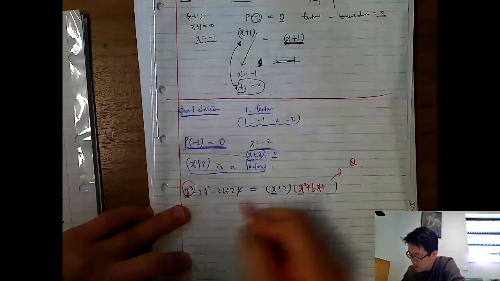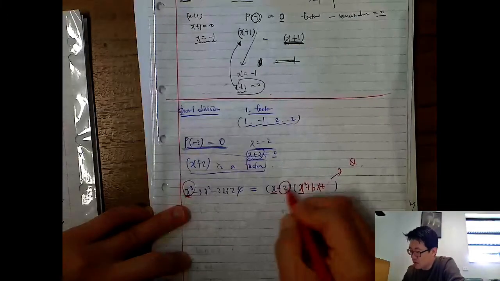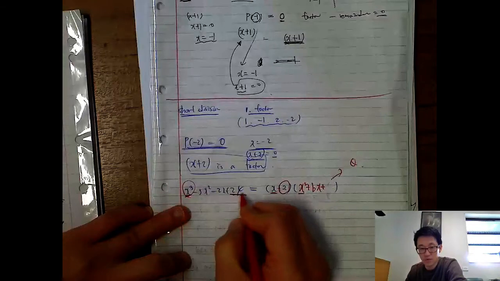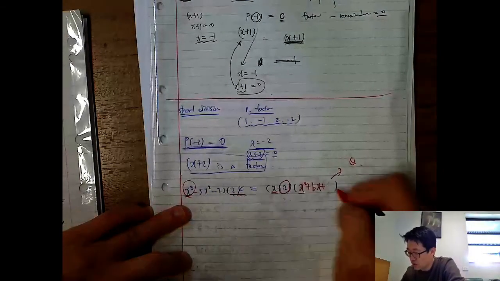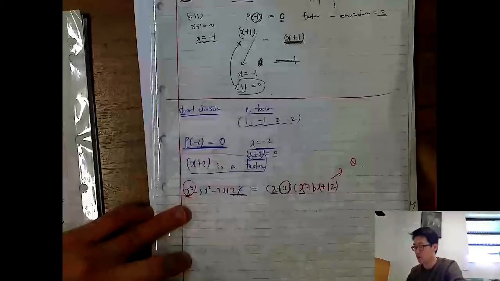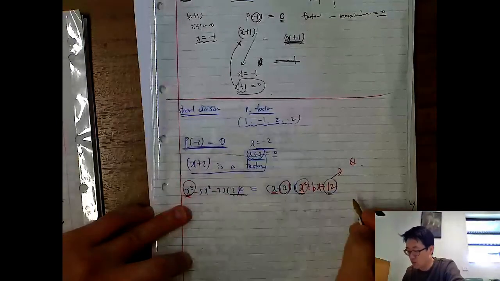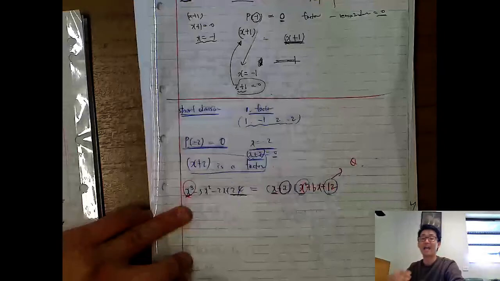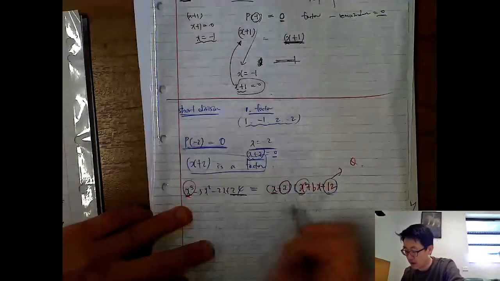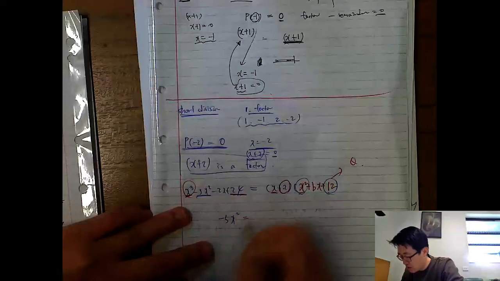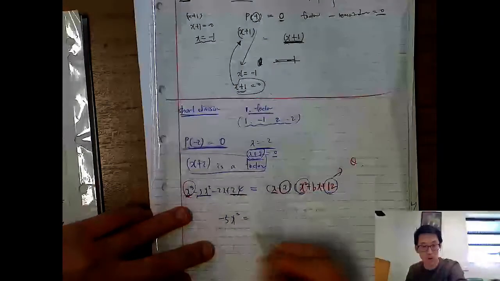So the next one is the number, which means 2 times the number is going to be 24, isn't it? To get 24, 2 times what will give 24? 12. So straight away you can get this and that, worked out really quickly. Then I compare the next one, minus 5x squared. How can I get minus 5x squared from here?